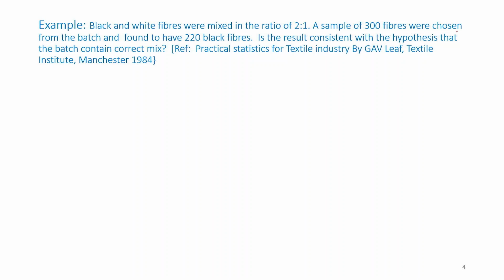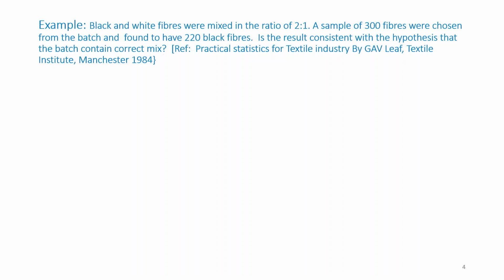A sample of 300 fibers was chosen from the batch and found to have 220 black fibers. Is the result consistent with the hypothesis that the batch contained the correct mix? So out of 300 fibers, 220 are black fibers. So the rest of the fibers are obviously white, so you have 80 fibers which are white.